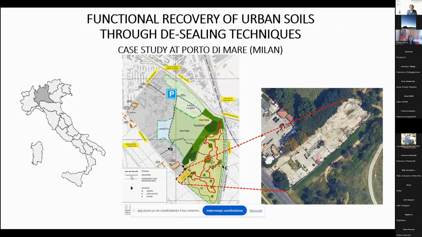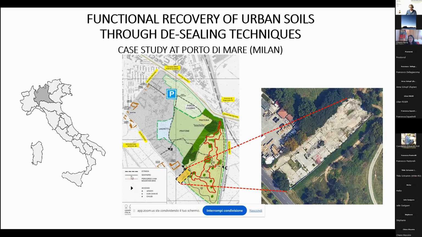And I conclude with a representation of our experiment. It is a desealing experiment. It has some similarities with the project presented by Bianca Rompato in the fourth webinar.